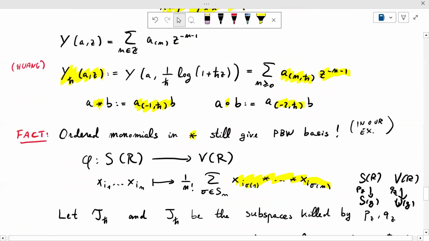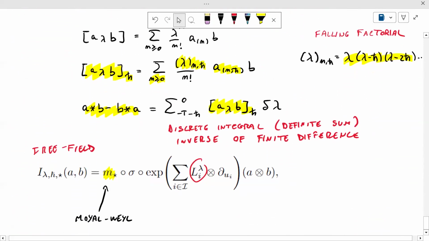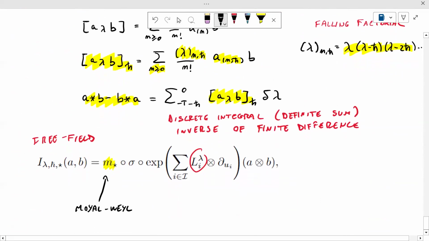While here, R, Lie, is no longer abelian, but that was exactly the thing. We don't want the Zhu algebra to be commutative, and so we don't want this star product to be commutative between free fields.